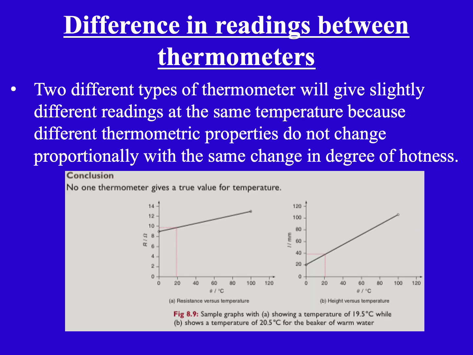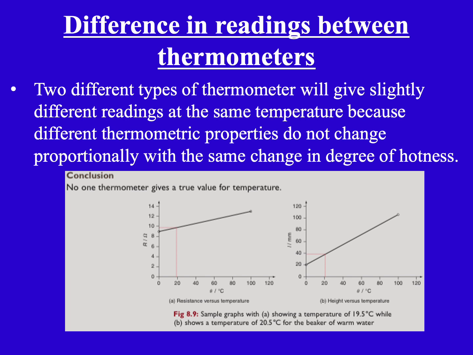So here we're just showing two graphs. If we had those two thermometric properties, which is very similar to the question you did a minute ago, if we plotted resistance versus temperature, and we plotted the length of the column versus temperature, somewhere in the middle they are going to slightly disagree.